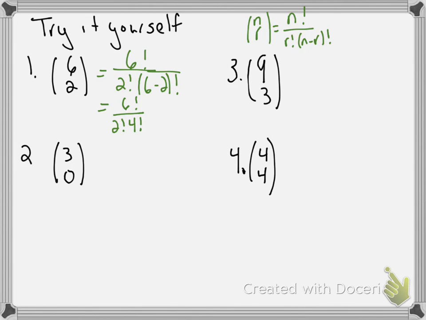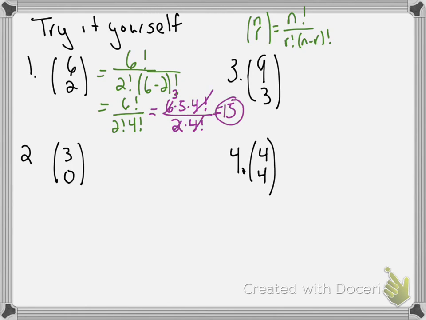We're going to expand the 6 factorial till we get to 4 factorial. So 6 times 5 times 4 factorial, all over 2 factorial, 2 times 1, so that's just 2, times 4 factorial. Our 4 factorials are equivalent to 1. 2 goes into 6 3 times. 3 times 5 is 15. So we see our coefficient is going to be 15.